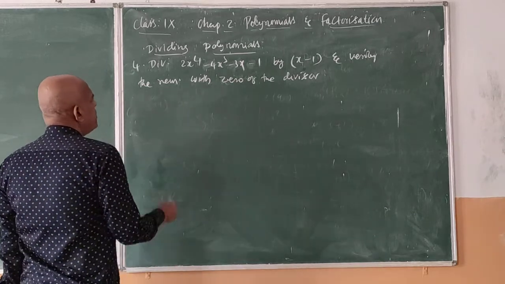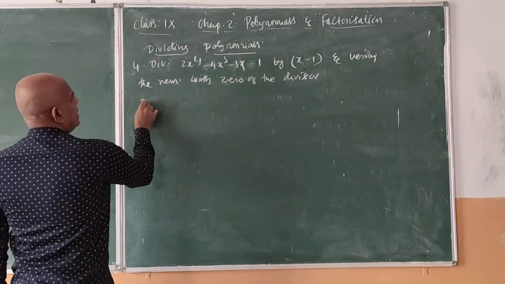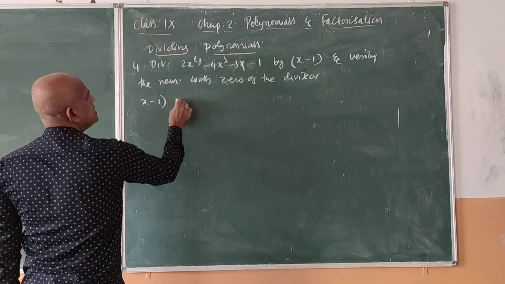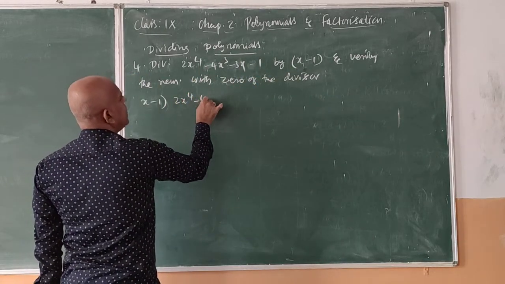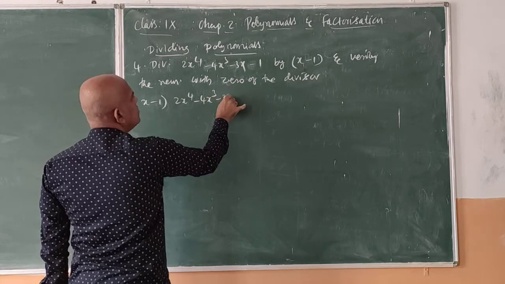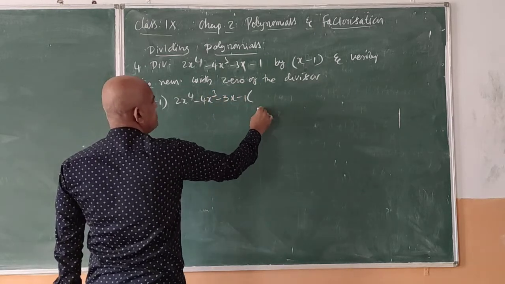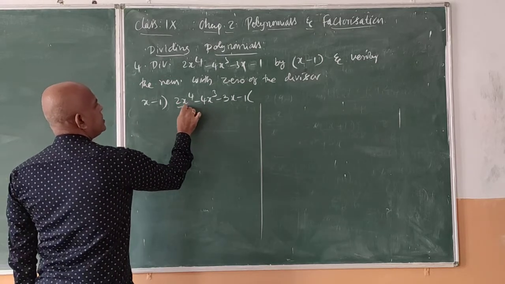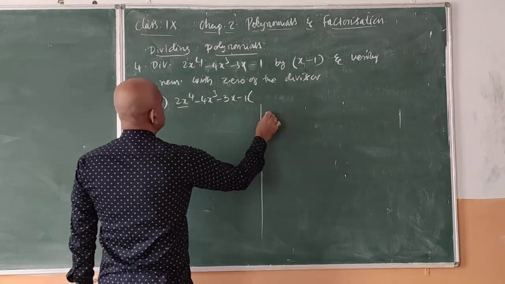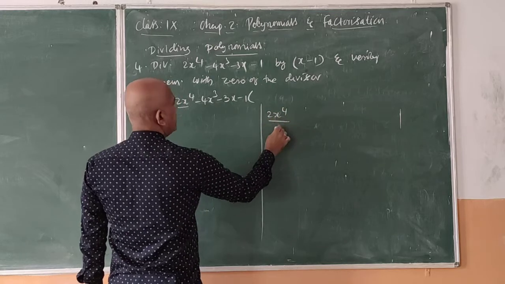Very important problem. So now x minus 1 divides, this is the divisor, divides 2x power 4 minus 4x cube minus 3x minus 1. So listen carefully again. The same process we are doing. First term by first term. 2x power 4 by x.